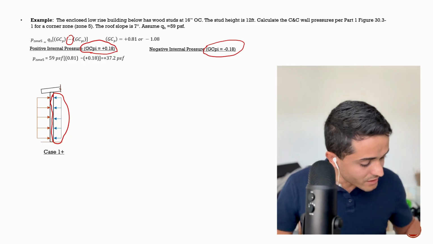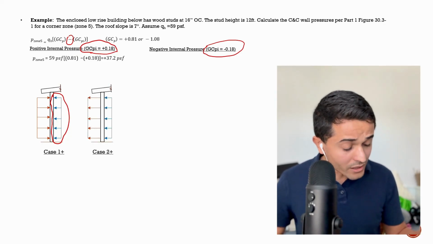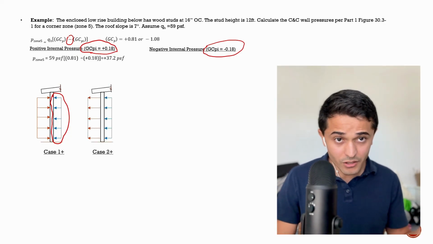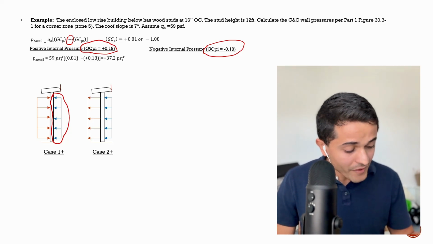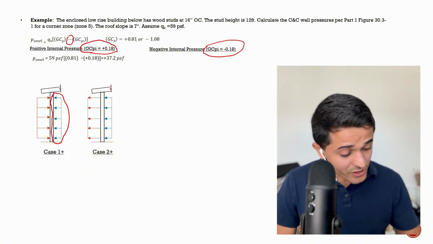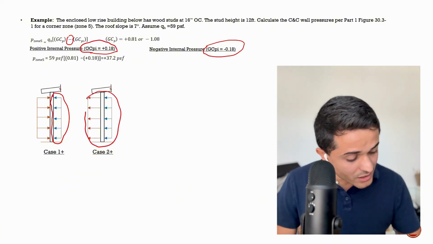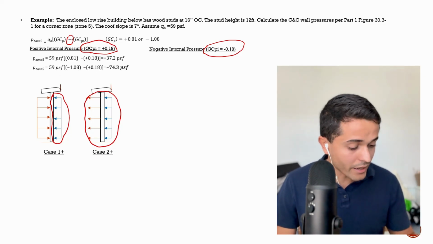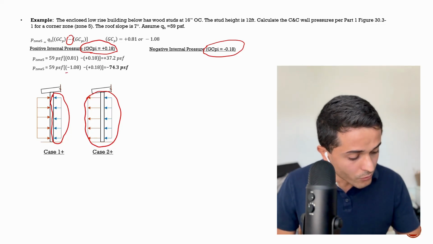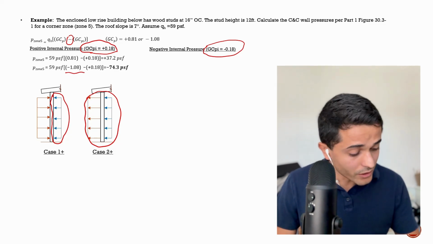Now, if we look at the second case, when the internal pressure is still positive, hitting the wall from the inside, but then the exterior pressure is negative, or it's suction. Now we see that they clearly add up, and they should add up, right? When we plug the actual numbers, and lo and behold, we got negative 1.08 here.